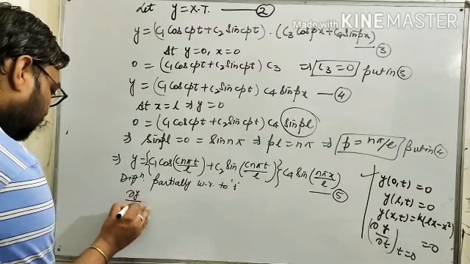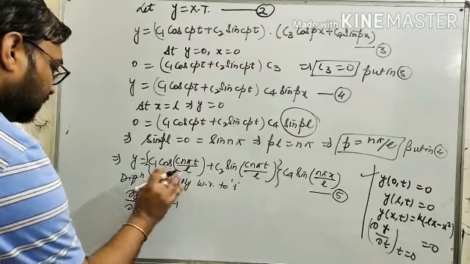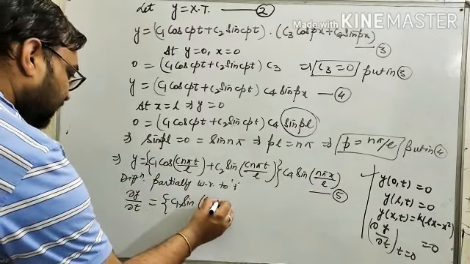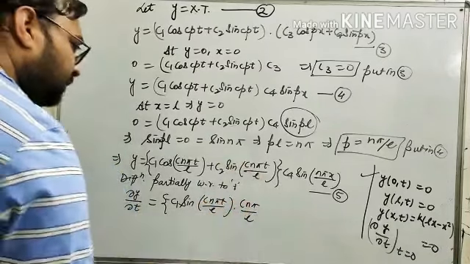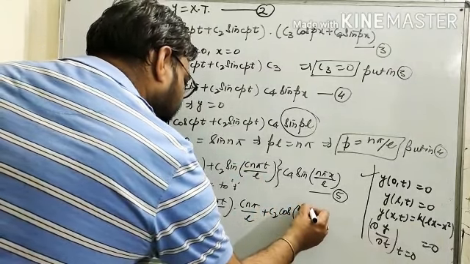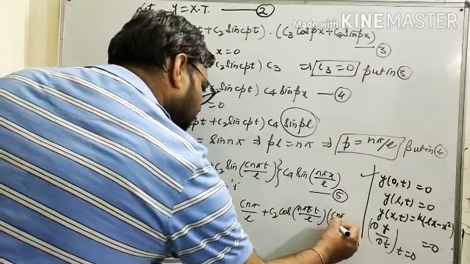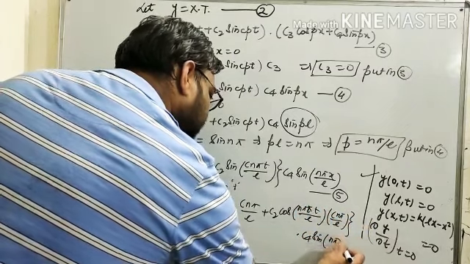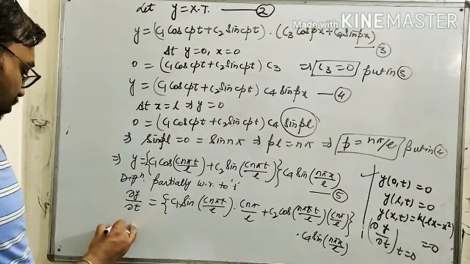So del y over del t equals C1, the differentiation of cos is minus sin Cn pi t upon L into Cn pi upon L, plus C2 cos Cn pi t upon L into Cn pi upon L, and into C4 sin n pi x upon L, because it will act as a constant in this particular case.